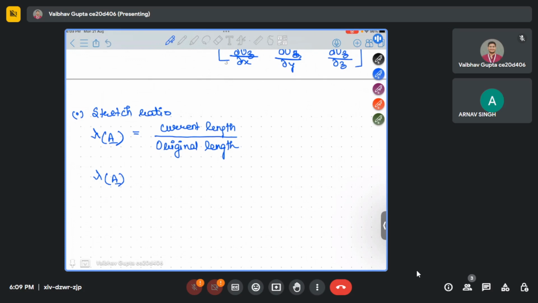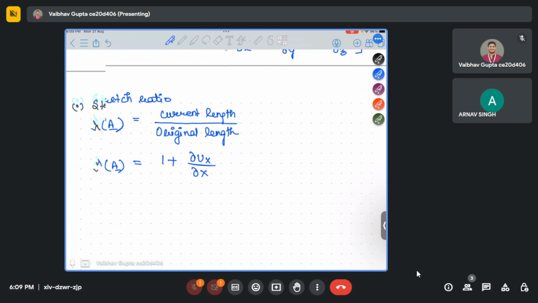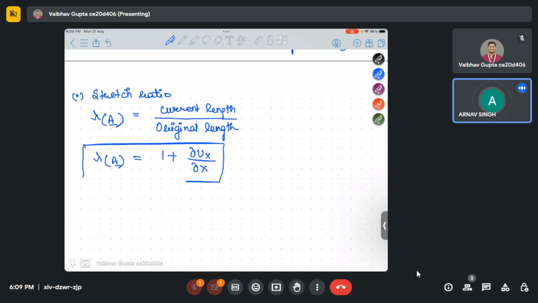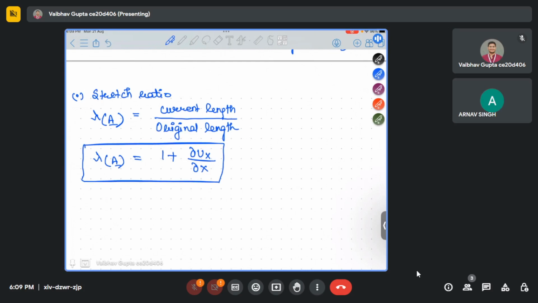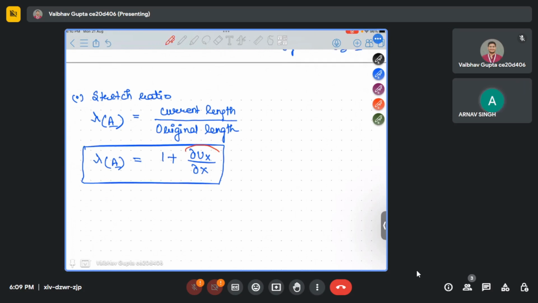In a simpler way, we can write this as follows. What is the partial derivative of ux with respect to x? Just now I told you, this is nothing but the displacement gradient in material form.